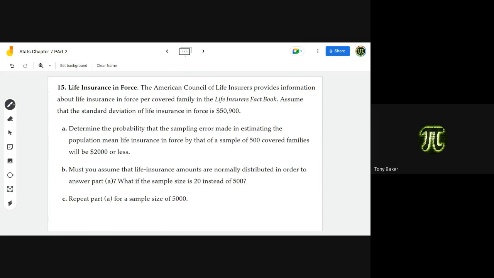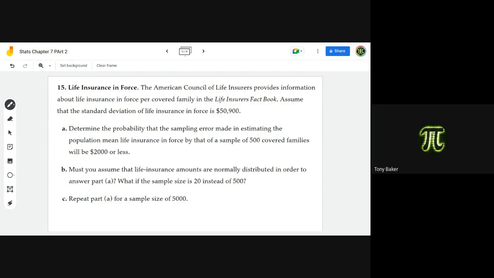Do you think life insurance policies would be normally distributed in general? If I was to ask how many of you have life insurance, I'd be willing to bet the answer would be maybe 1, 2. So that's not necessarily a normally distributed thing, so we can't necessarily make that assumption.